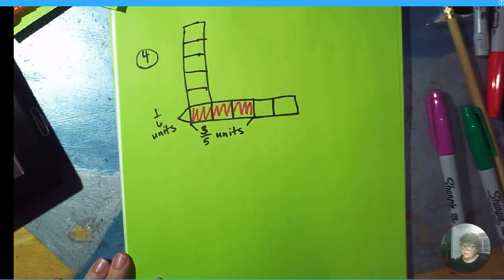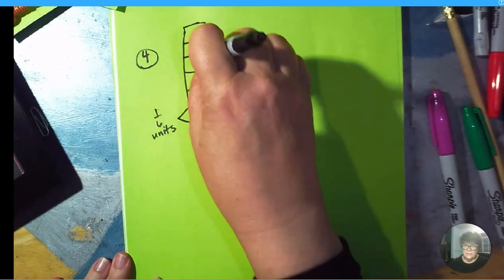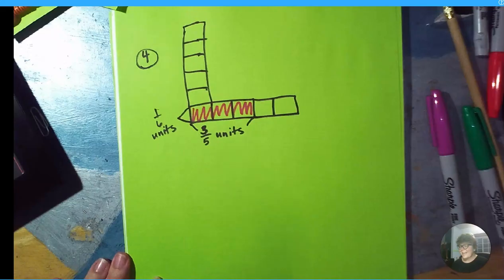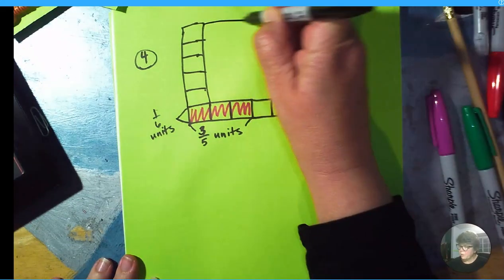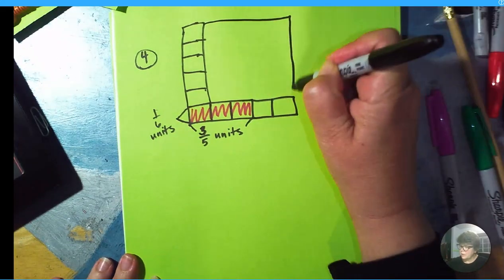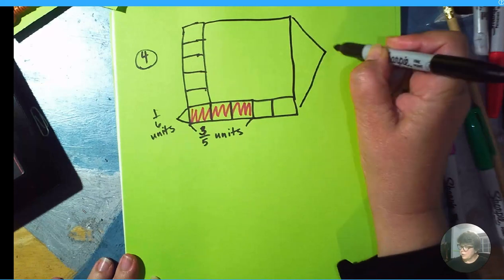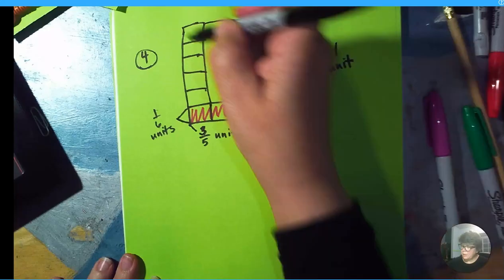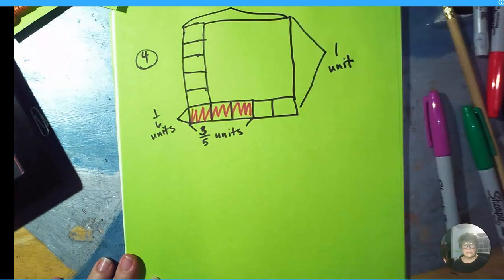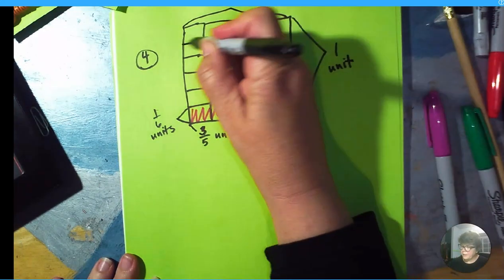So I have 1 out of 6, 1, 2, 3, 4, 5, 6. Always double check your counting. And then that's step 1, finish out my fractions. Step 2, finish out my whole unit, because this is 1 unit, right? 1 unit in each direction. Then I'm going to draw out my lines.